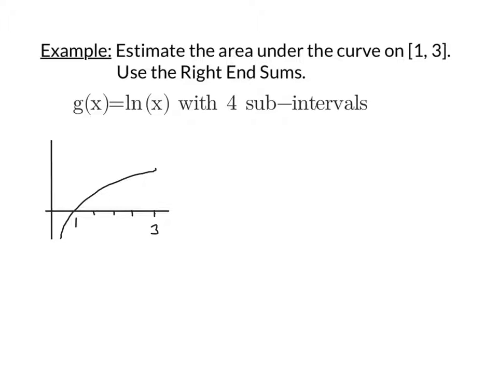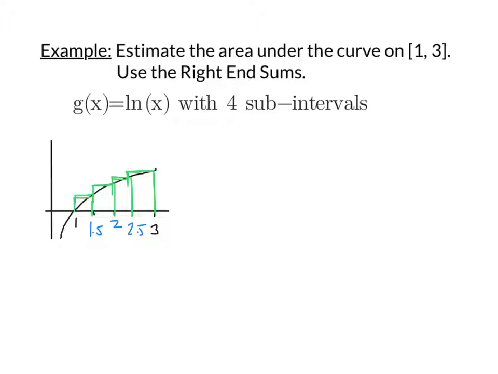This time, we're going to use g of x is equal to the natural log of x on 1 to 3 with 4 subintervals. So the first thing to do is to draw in our 4 subintervals, and then our rectangles coming from the right end of each of those subintervals. We recognize that from 1 to 3 I got 2 in the middle, and so this must be 1.5 and 2.5.